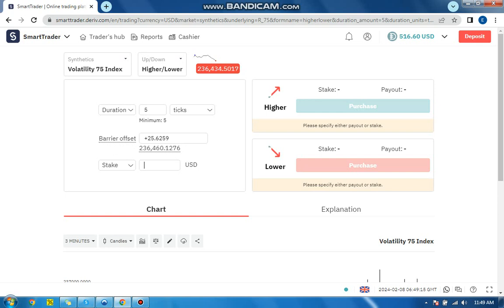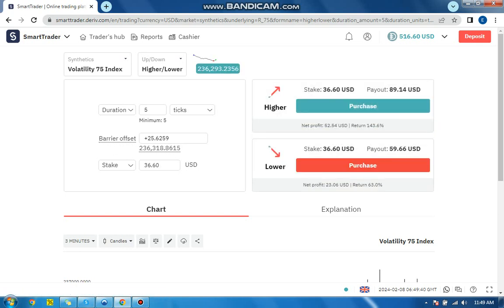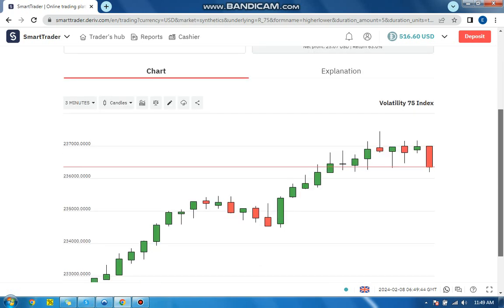Obviously the $16.60 is also our money which we have just made, but that's the profit on top of the capital amount. So on top of $16.60, I'm gonna add 20 bucks, so it is going to be $36.60. All right, so we have to wait now for the right position.